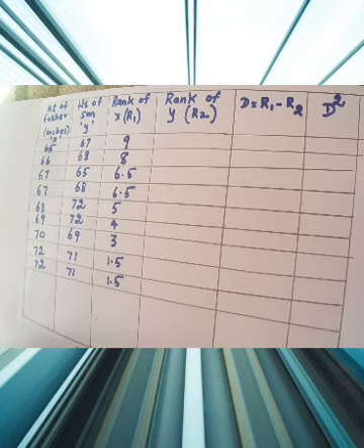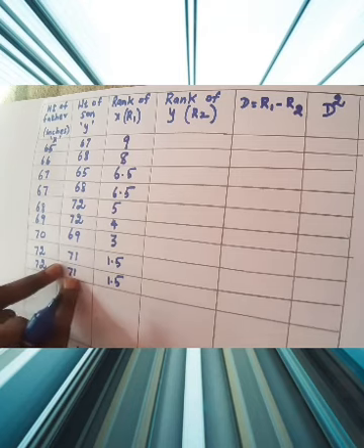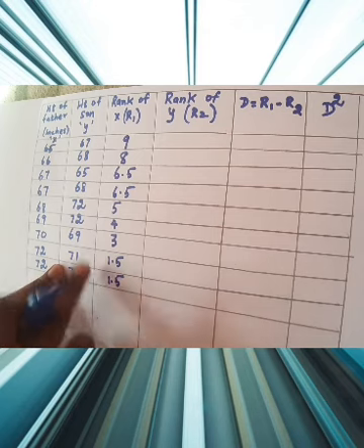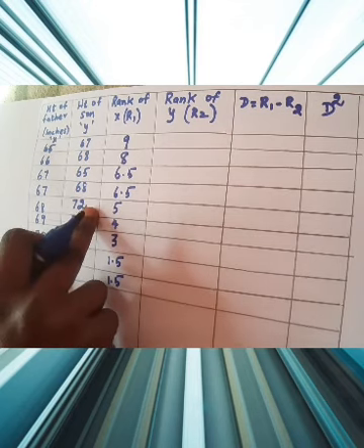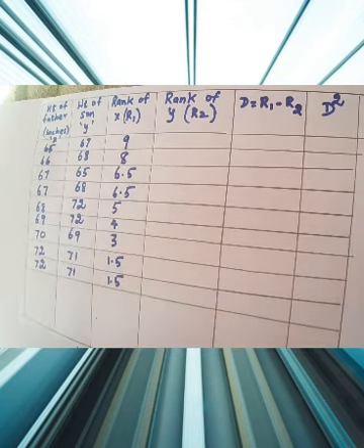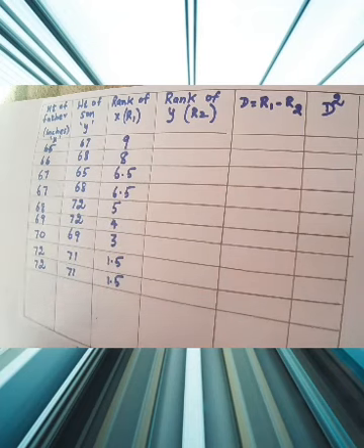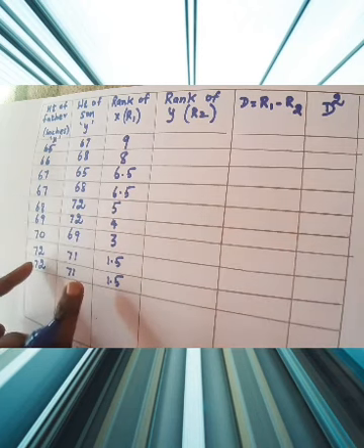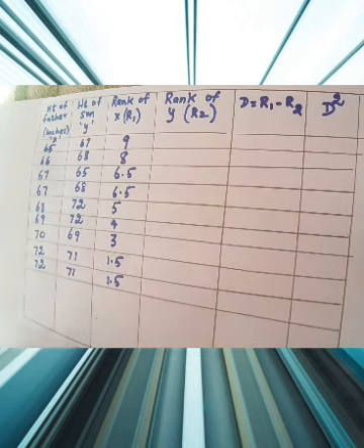So who is going to get the first position? Again, here also there is a tiebreaker. 71 is the highest or 72 is the highest? 72 is the highest. So you have to be very, very careful. Once you have given the rank, cross-check whether you have done it properly. If you look at this column, height of son, 72 is the highest.